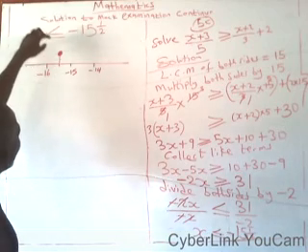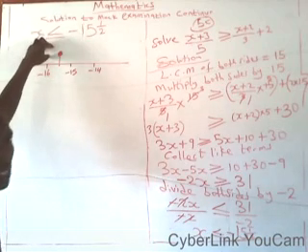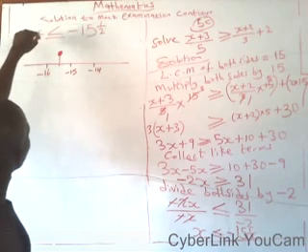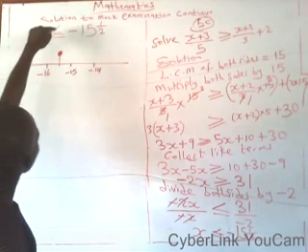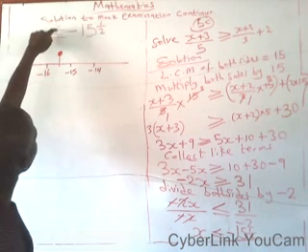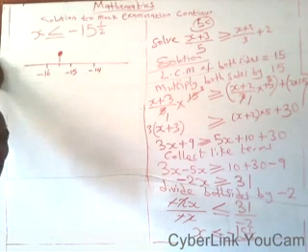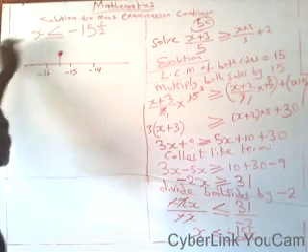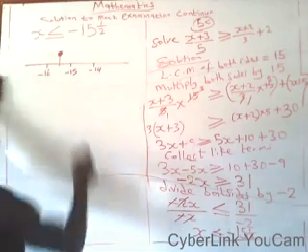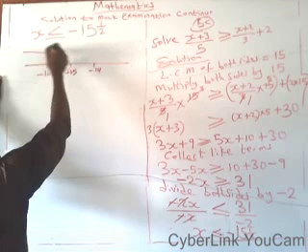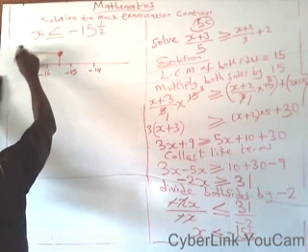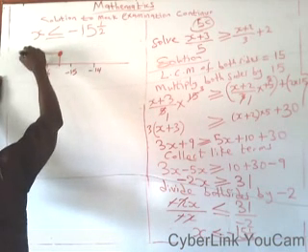After you shaded it, where is the arrow pointing to? The arrow that we want to draw now, we are going to use this particular sign to determine where the arrow is pointing to. This arrow is pointing towards this direction.